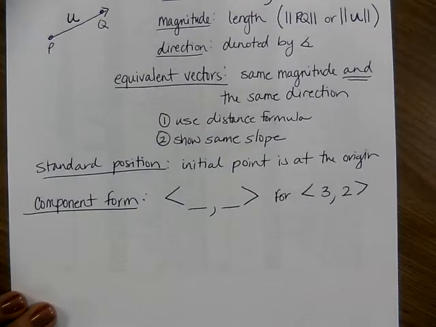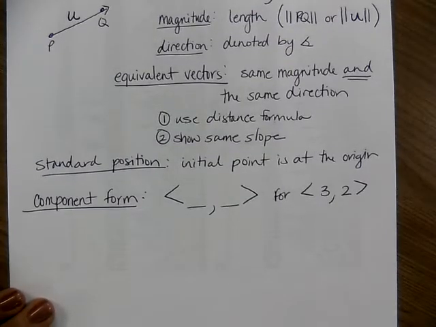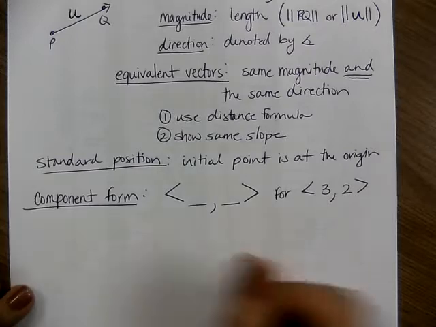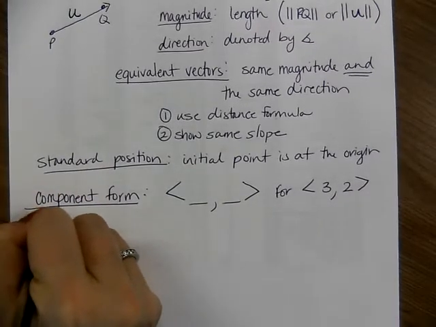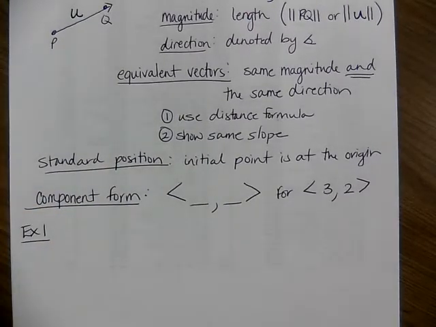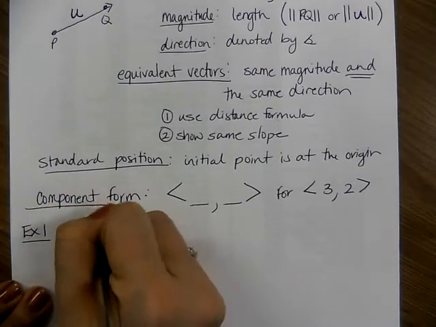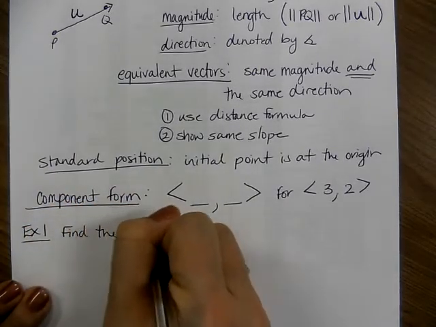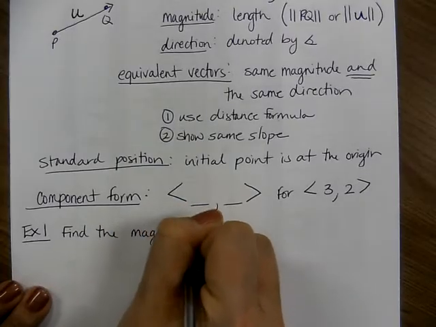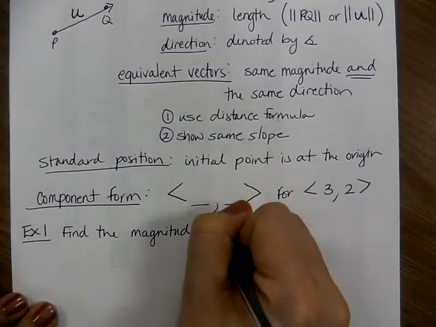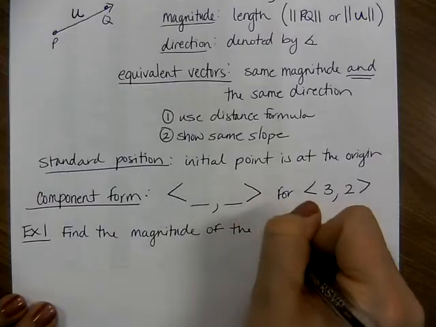Okay, so you ready to try some stuff with this? Now that we've defined a bunch of stuff, let's see what it all looks like together. So let's call this example 1. Let's say find the magnitude of the given vector.